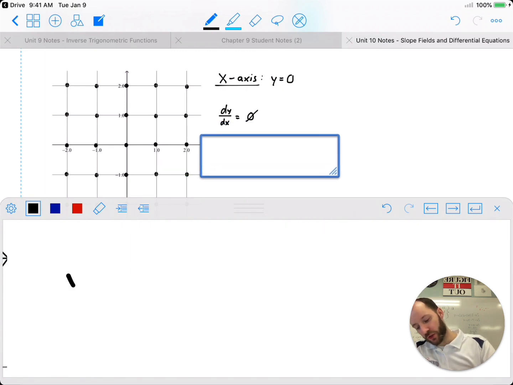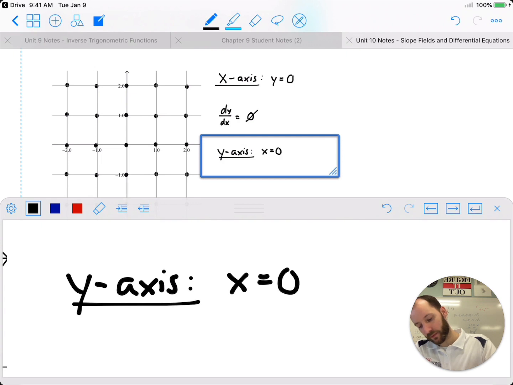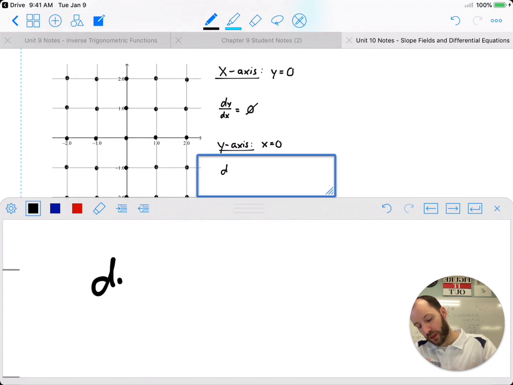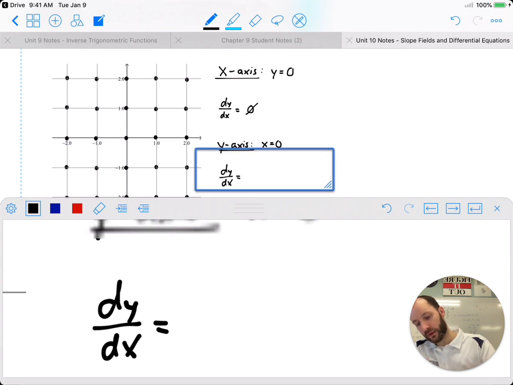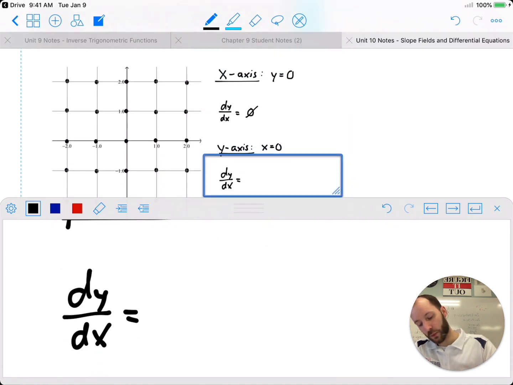Now let's go to the y-axis. On the y-axis, every point has x in common. X is 0. And when you plug in 0 to our slope equation, negative x over 2y, slope will always equal 0.